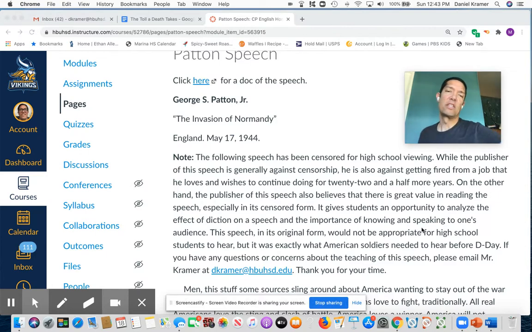On the other hand, the publisher of the speech also believes that there's great value in reading the speech, especially in its censored form. It gives students an opportunity to analyze the effects of diction on a speech and the importance of knowing and speaking to one's audience. So, for one, it's easy to find the original speech. So if you want to see what it is, that's your choice.